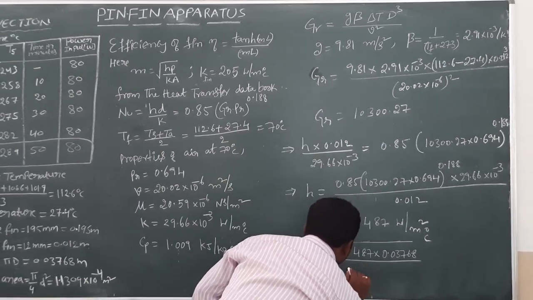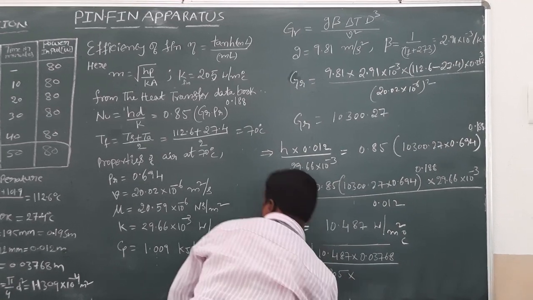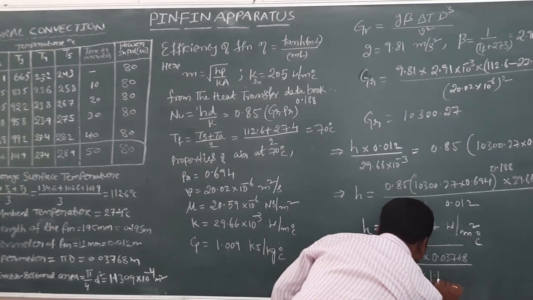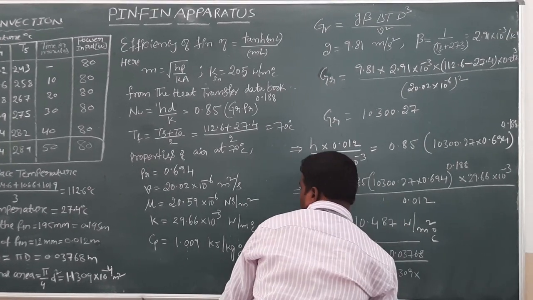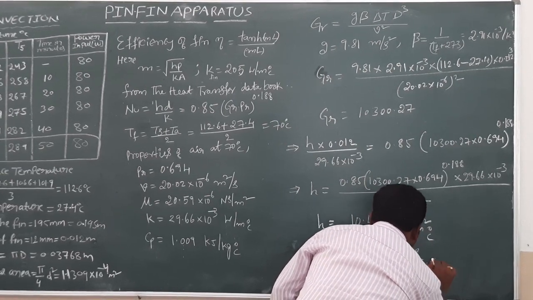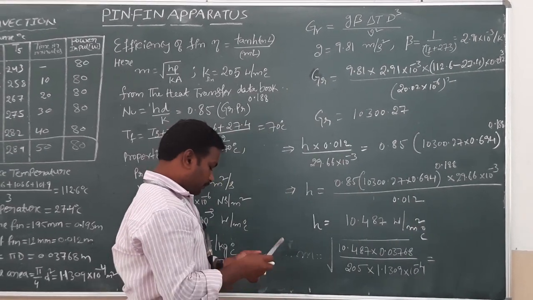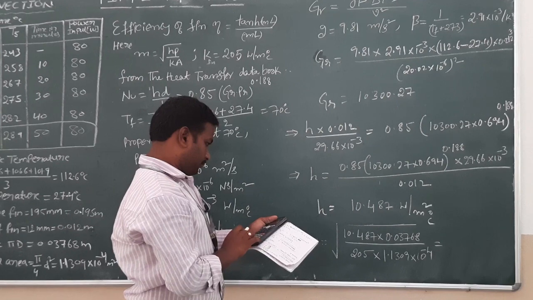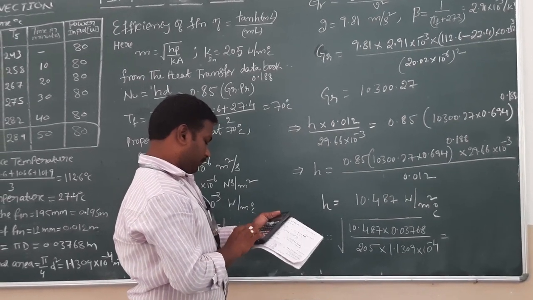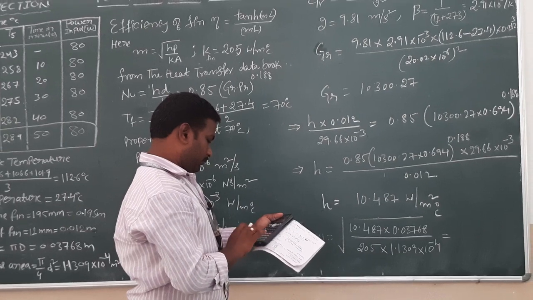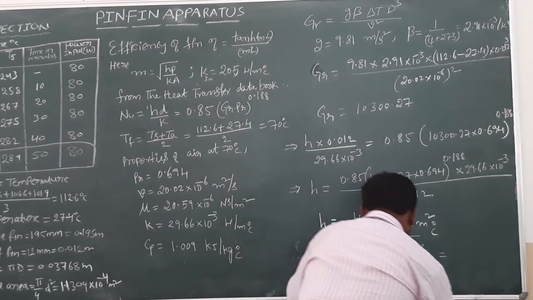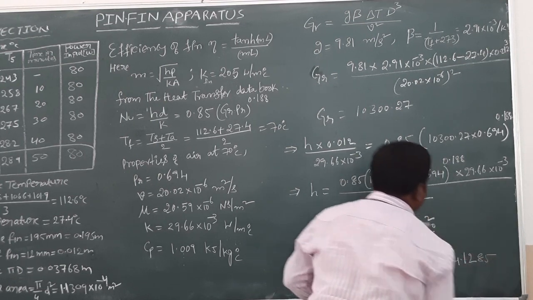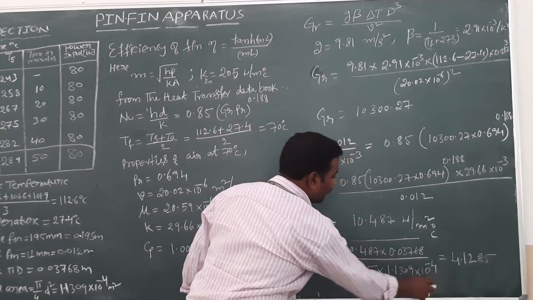Here we need to substitute the thermal conductivity of the fin, into cross section area 1.1309 into 10 to the power of minus 4. Let's find out this value. 4.1285. Here we calculated the m value.